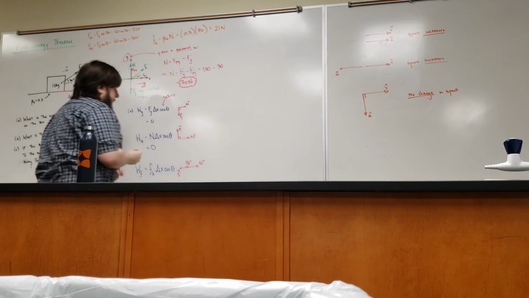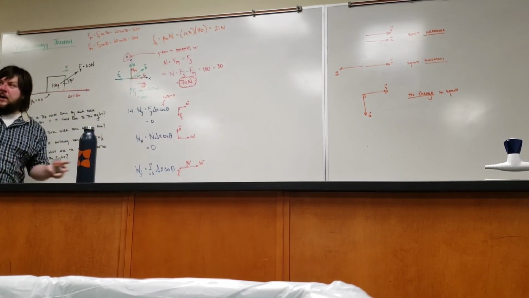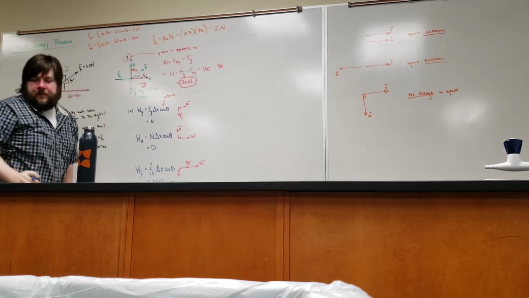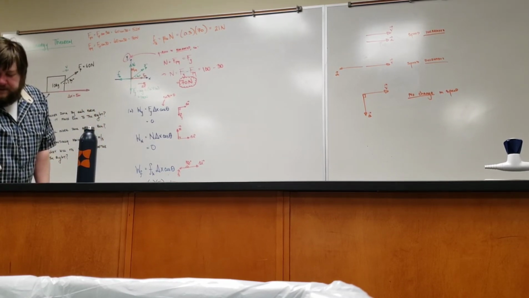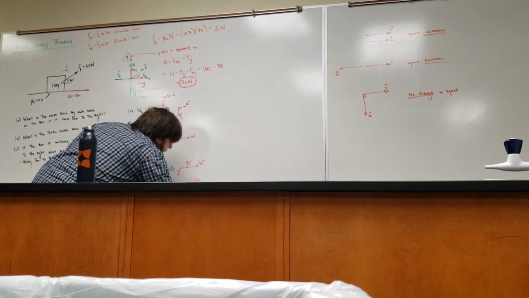Okay? So, now we can plug in all of our numbers. The magnitude of friction is 21 newtons. The displacement, I said, was 5 meters. And the angle is 180 degrees. Cosine of 180 is -1. So 21 times 5 is 105, so the work done by friction is -105 joules.